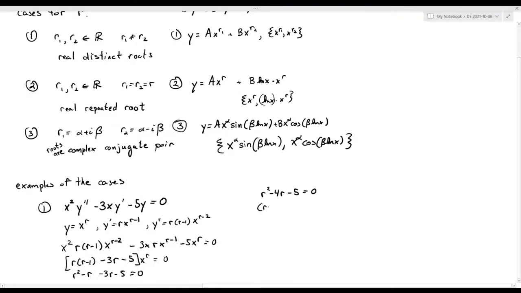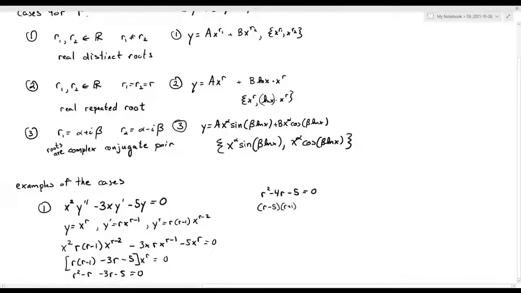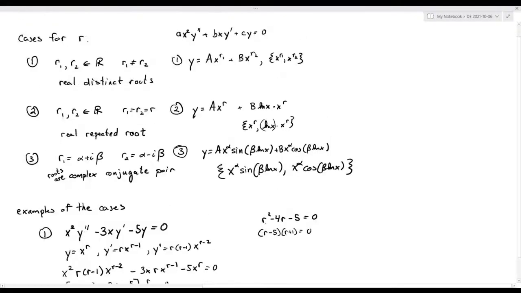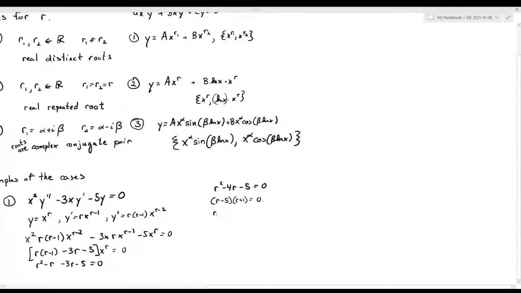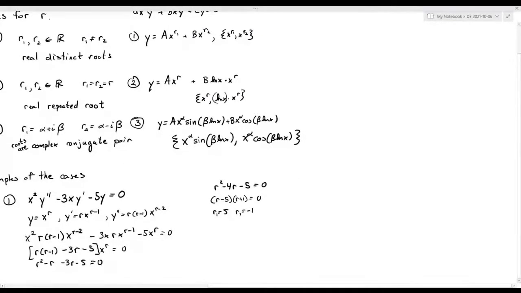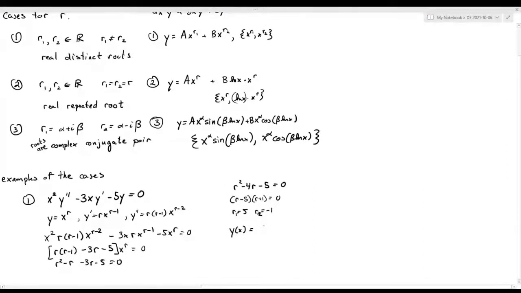And here I can use quadratic formula, but we also see that it's obviously factorable. So here we have two roots. First root is 5, the second root is -1. So we have the real distinct roots case. So our solution to the Euler equation, general solution, is a combination of x to the r1 and x to the r2.